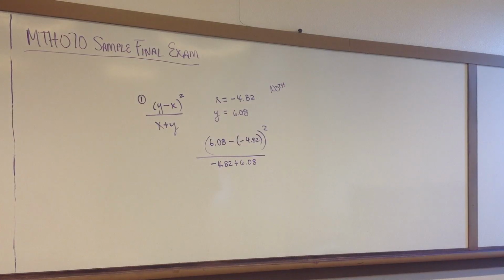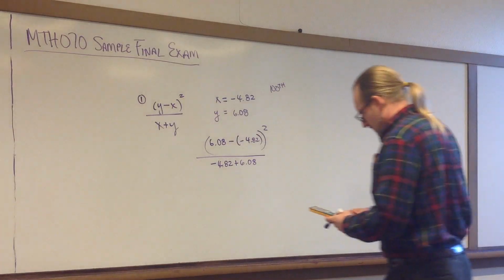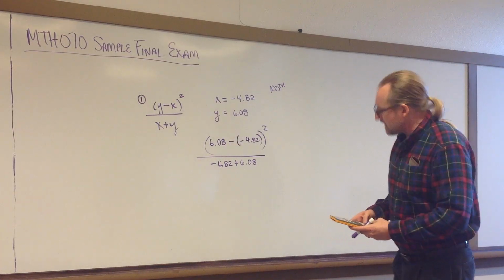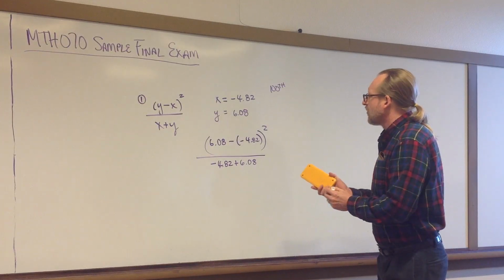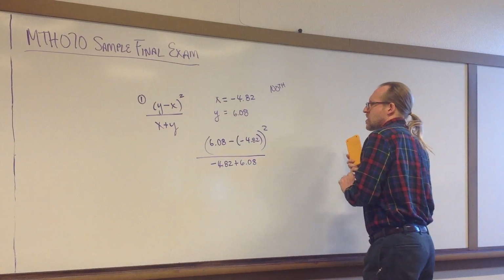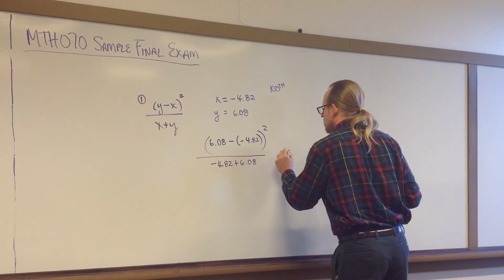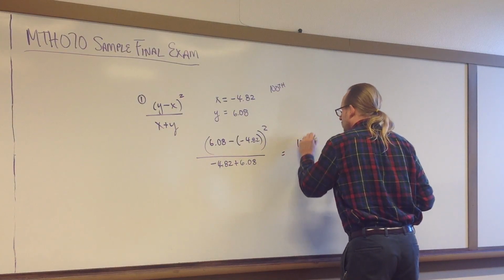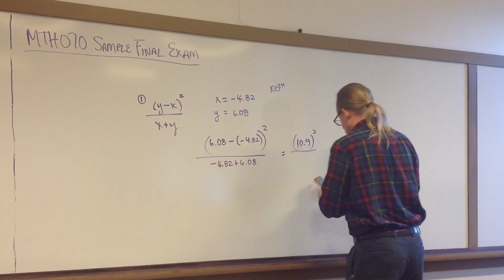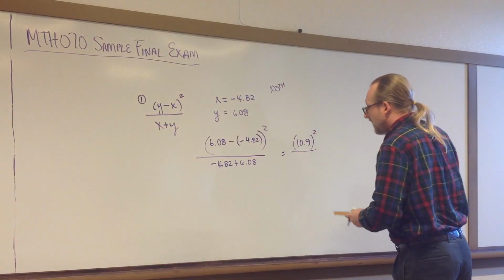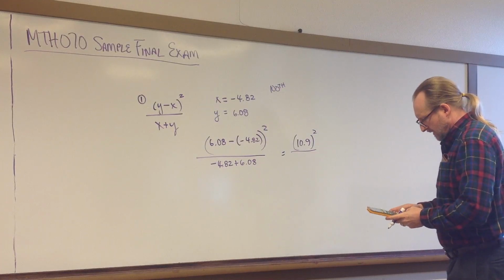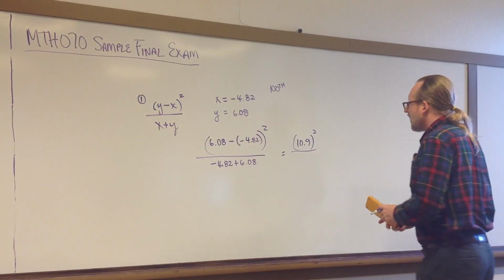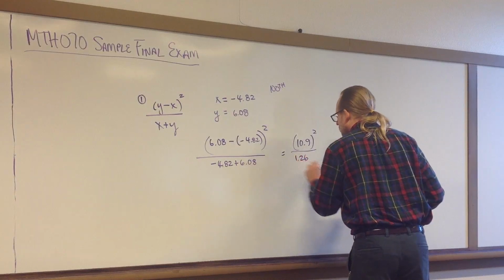All right, so let's go ahead and do that. 6.08 plus 4.82 is 10.9. So 10.9 squared on top, and on the bottom, negative 4.82 plus 6.08, 1.26.